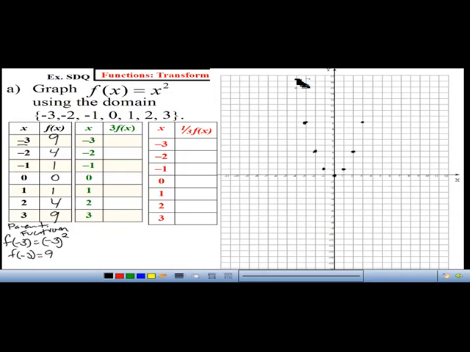All right, let's graph that. And once again, what is that? That's our parent function. All right.